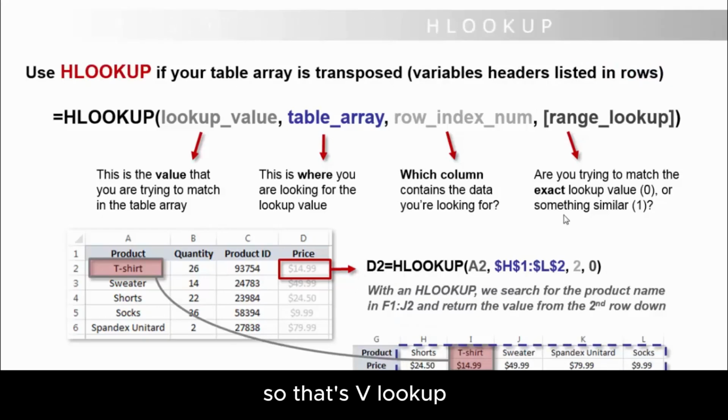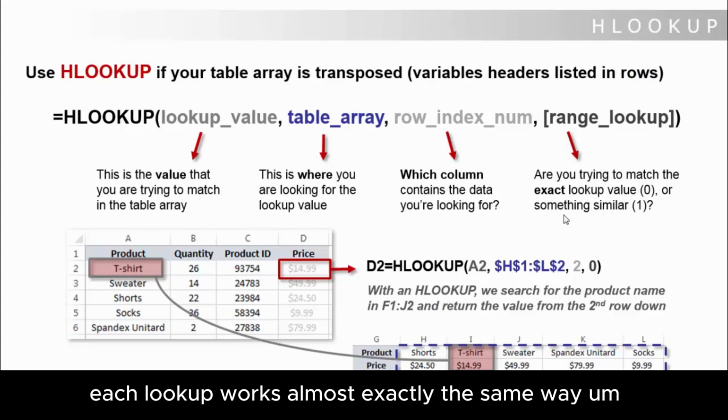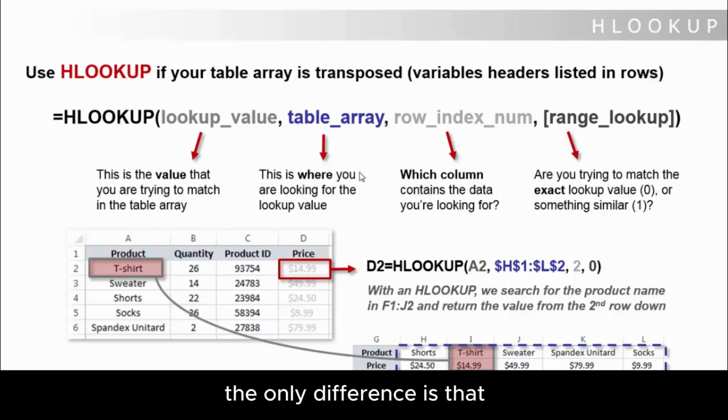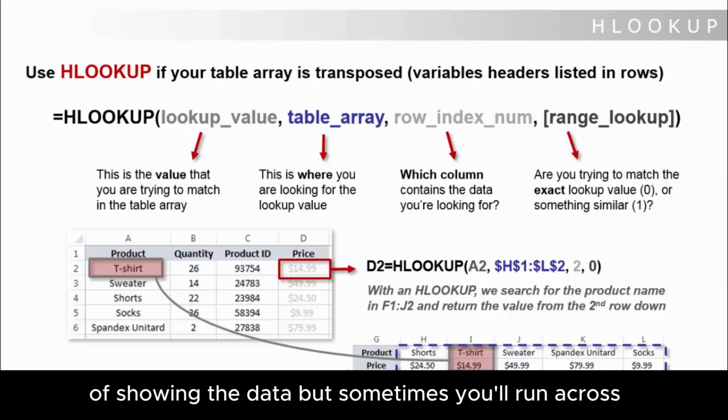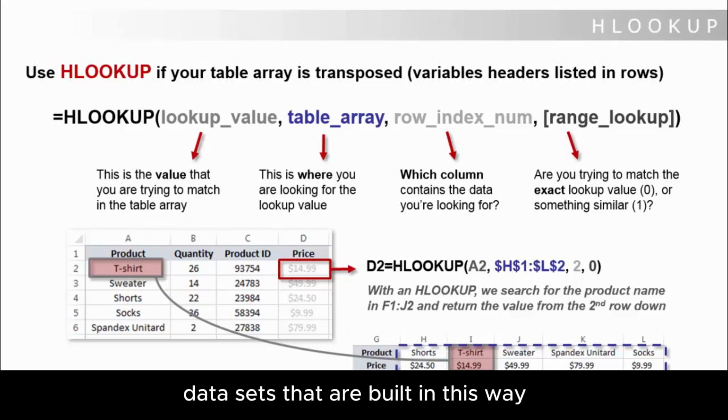So that's VLOOKUP. HLOOKUP works almost exactly the same way. It's really the same syntax. The only difference is that you need to use an HLOOKUP if your lookup array is transposed, which is kind of an odd way of showing the data, but sometimes you'll run across data sets that are built in this way.